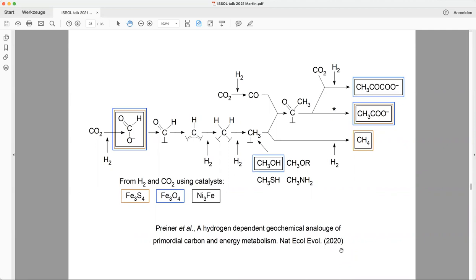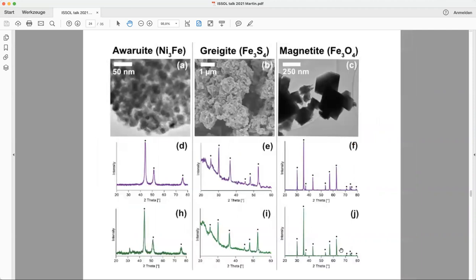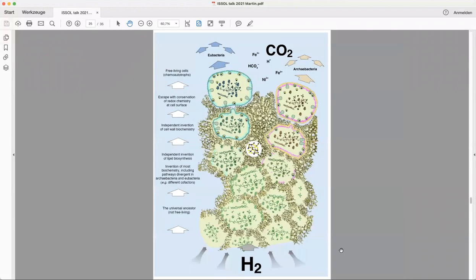So we think that's very good. That shows that there's a nice correlation between these natural reactions of H2 and CO2 on a hydrothermal mineral and microbial physiology. This is just to show that these compounds are actually catalysts. They're not reacting, they're catalytic. That's the pathway that we get.